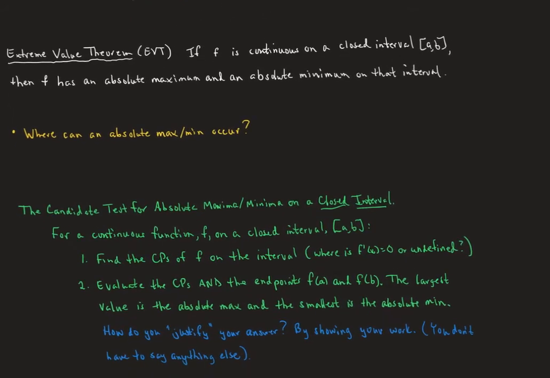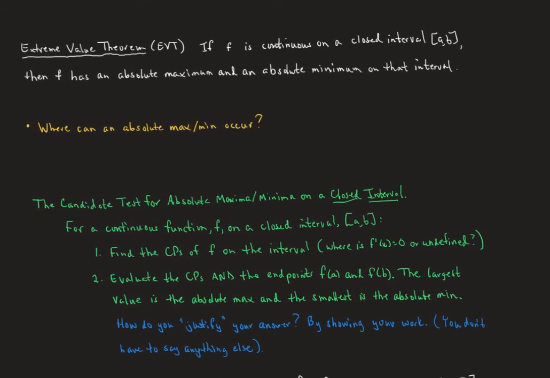So what we see is that to guarantee that we're going to have a maximum or minimum, we need to know two things. We need to know something about the function itself. It's got to be continuous, but we also need to know, to ensure that we're going to have a maximum and a minimum, that we have a closed interval. Now, it's possible to sometimes get an absolute max or an absolute min if we don't have a continuous function or we don't have a closed interval.